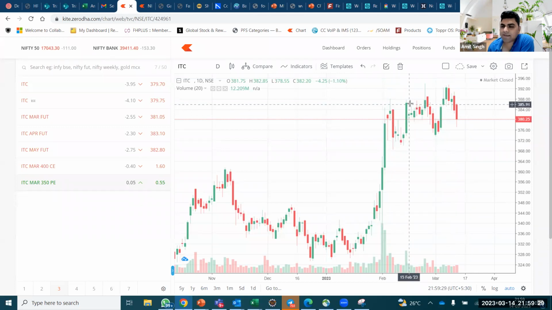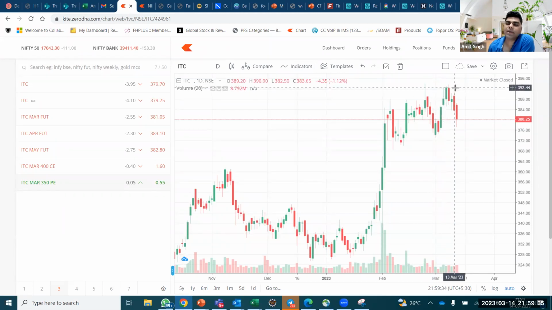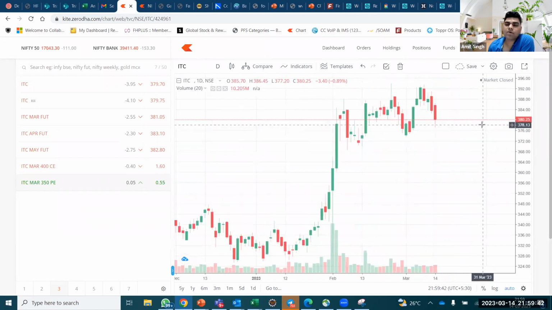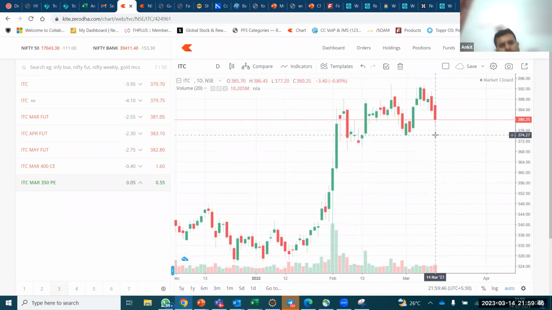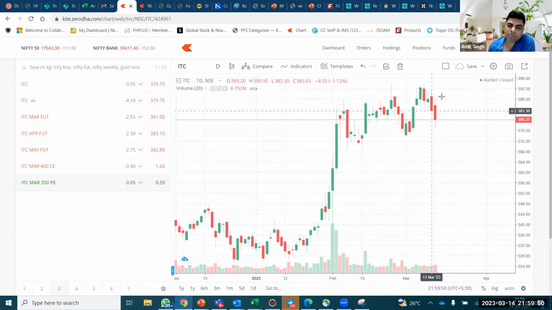It came to 383, it came to 386, it came all the way to 393, it came to 393 again. And now ITC is around 377. So now tell me what is critical in ITC. My first level will be this level 374, because as per this higher high, higher low formation, it should not reach this level 374.